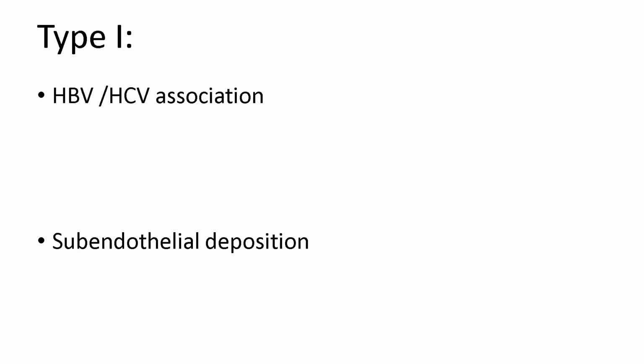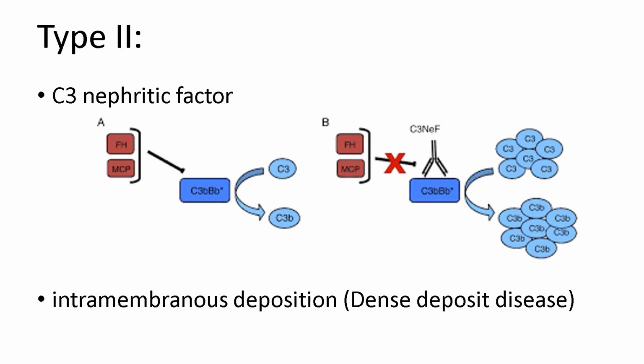Okay. And finally, we will discuss type 2 MPGN. You need to remember that C3 nephritic factor, so it's an antibody against the C3 convertase that actually stabilizes the C3 convertase, so it can continue activating the C3, okay?